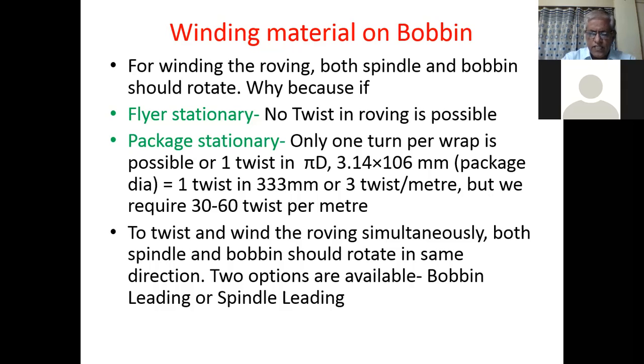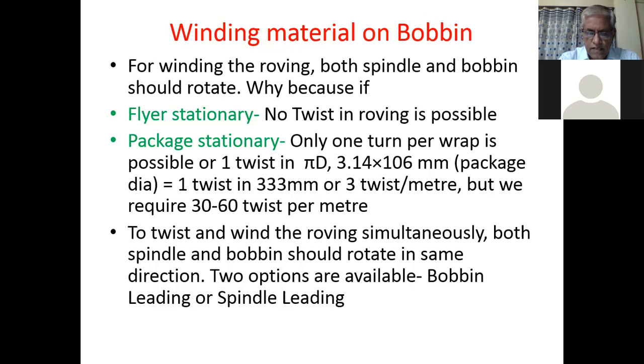But if the package is stationary, then only one turn per wrap will be possible, which means one twist in one circumference, one turn. That means 3.14 into 106 mm, which is the package dia.